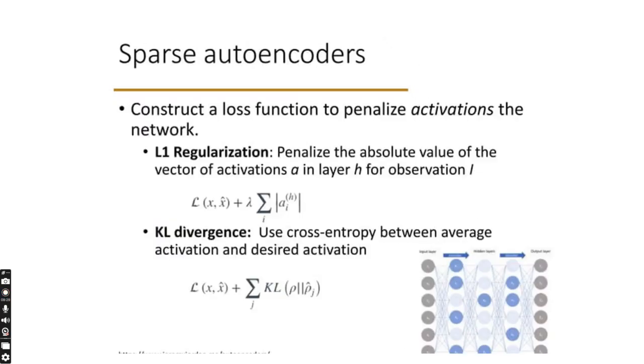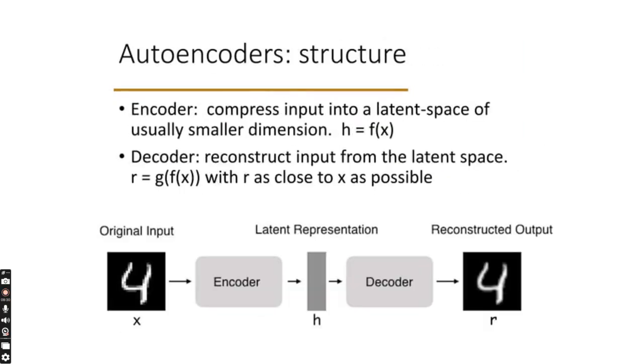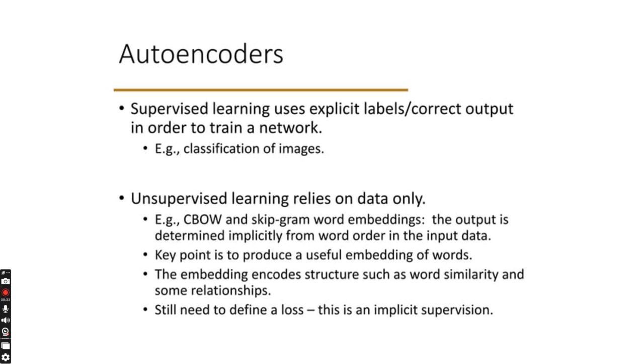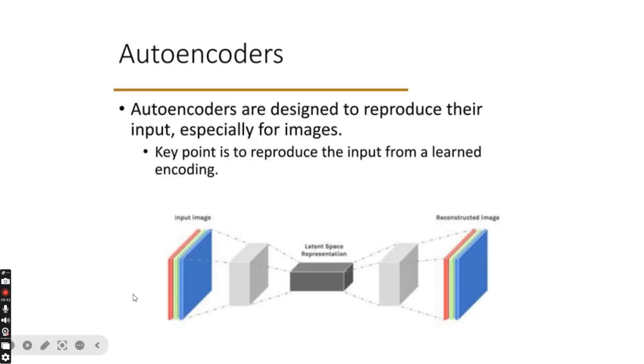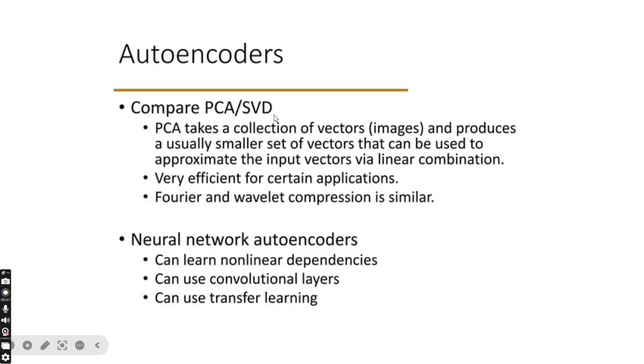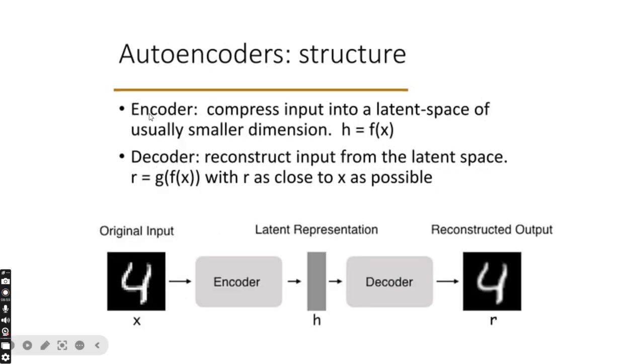Let's recall all the points about autoencoders. Autoencoders can be applied to classification of images and to unsupervised learning. An autoencoder consists of an encoding unit, the latent space and the decoding unit. Compared to PCA, autoencoders use nonlinear dependencies, convolutional layers and transfer learning.